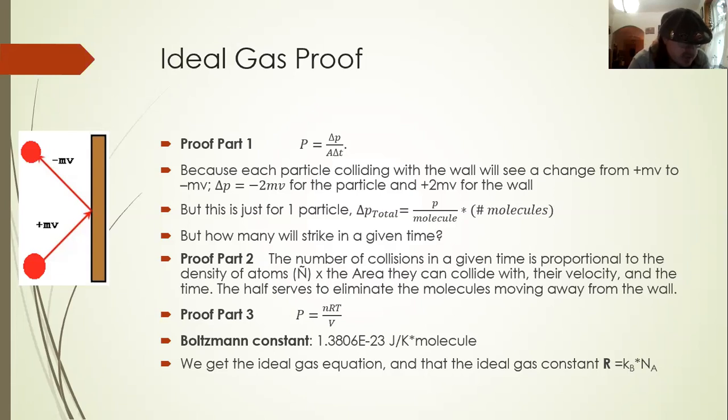The total momentum is going to be the sum of all the momentums of each molecule times the total number of molecules. Now, of course, this is the momentum over the whole time, but we want to define this as a specific time. How long? So how many molecules will strike within a given time?